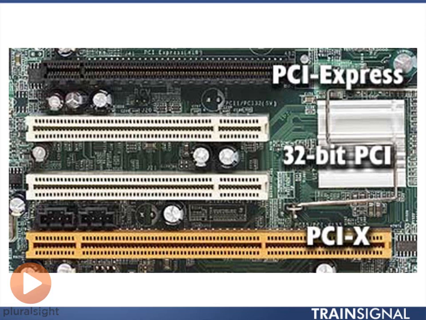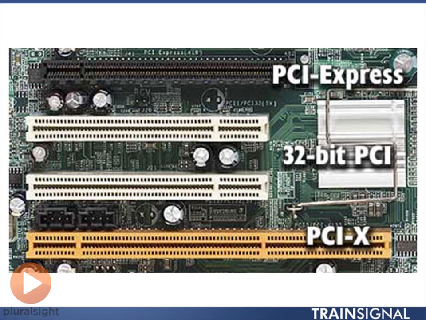Down below it, however, we have something called PCI-X, which is PCI extended. Now, the cool thing about the PCI-X bus is that this is 64-bit technology. Okay, so now we've taken that old 16-lane highway, which we could almost think of as a 2-lane country road, and we bumped that up to a 32-bit highway, or we could say it's kind of like a 4-lane or a 6-lane highway.